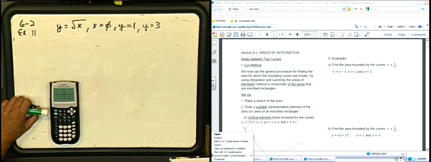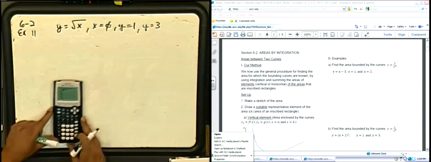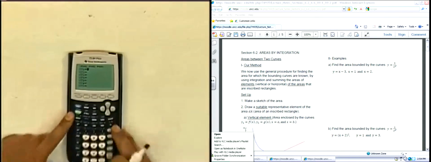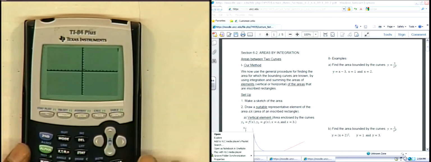Make sure I write that down right. Y equals 3. Graph it. Square root of x. Graph.